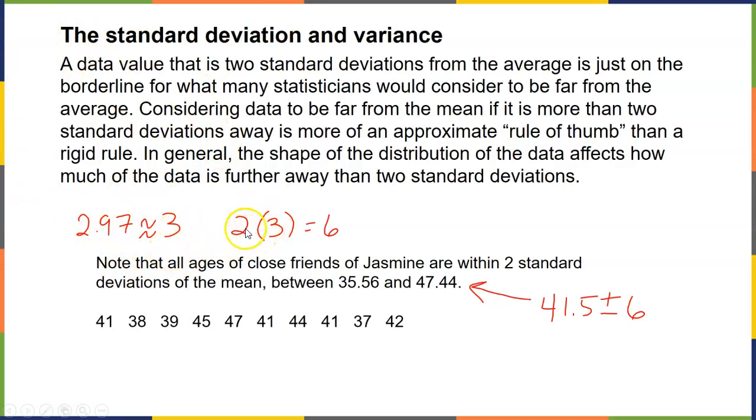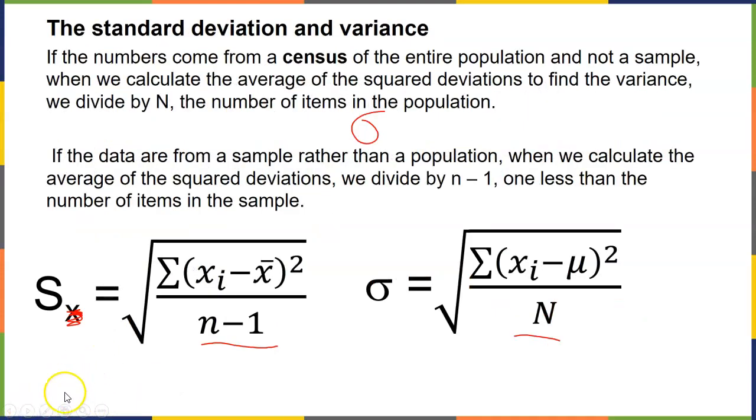So 2 standard deviations, or 2 times 3, is 6. So if you add 6 to 41, you get 47, and if you subtract 6 from 41, you get 35. So this is where statisticians would consider the data close to the mean. And it looks like all her friends are close to the mean because all of them are over 35 and under 47.